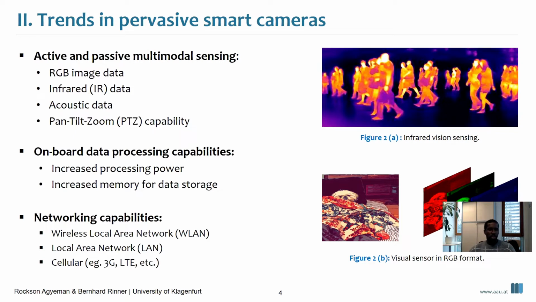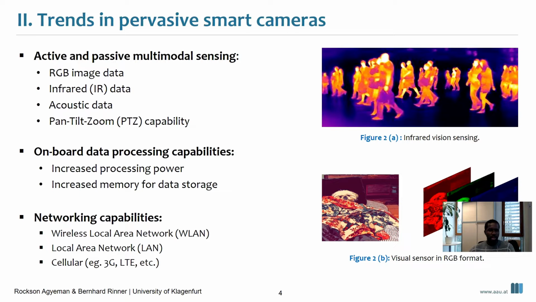First of all, modern cameras can now sense more than one sensor modality. Early versions of smart cameras could sense and generate RGB image data only. However, modern smart cameras can perform image depth sensing, infrared image sensing, as well as acoustic information sensing.